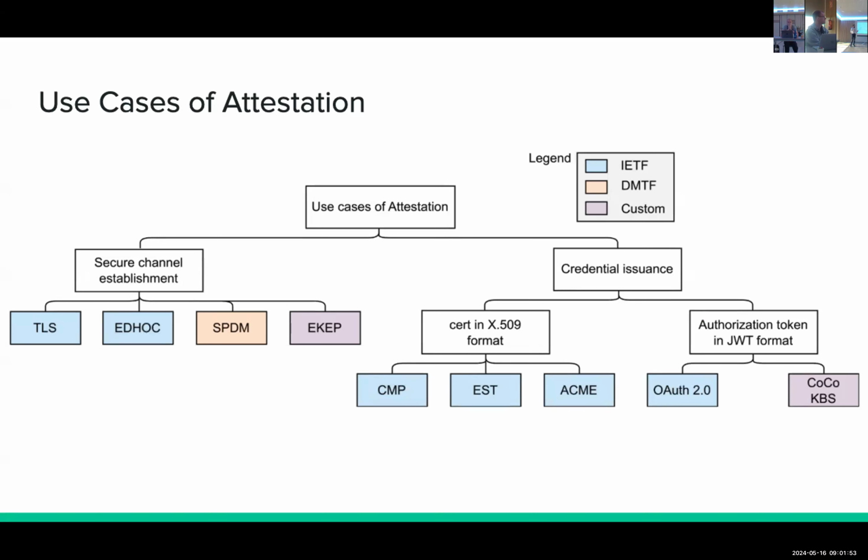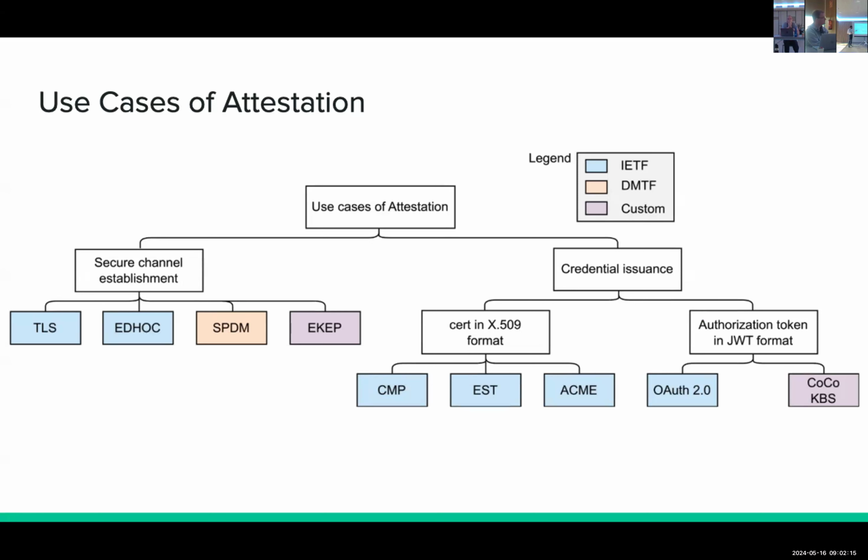What secure channel means, I will skip for the moment, as it could have different meanings. It could be confidential, data integrity protected, or in another sense. There are various protocols which I have also classified, from two standardization bodies, IETF and DMTF. For example, Attested TLS, which we will come into throughout the day.